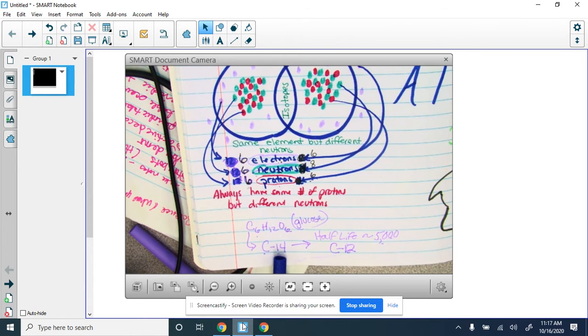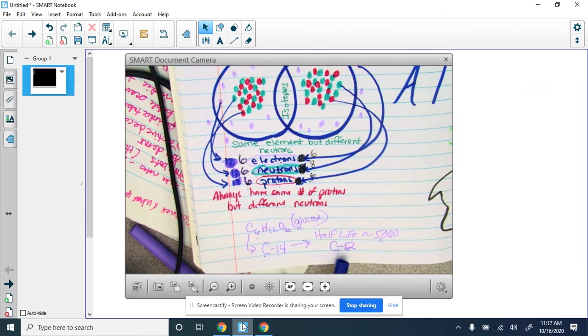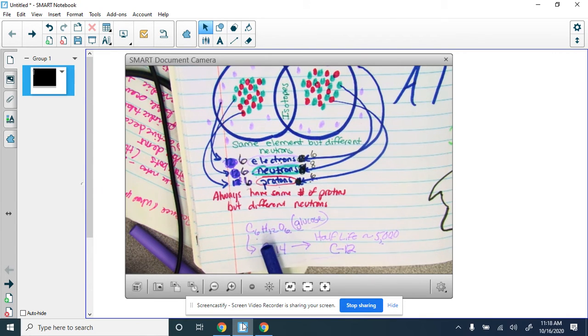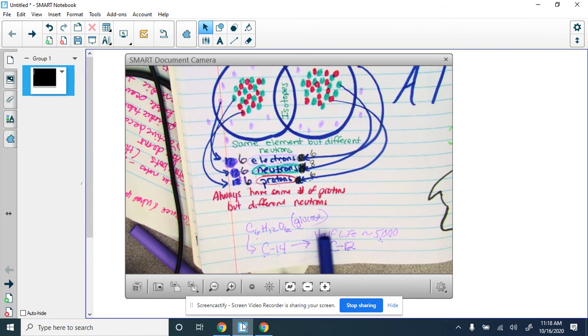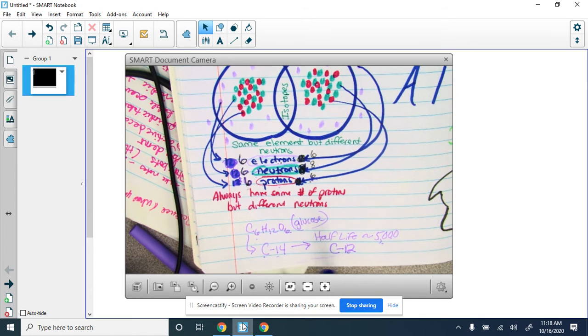It wants to break down. It wants to be C12. That's where it's happy. So about every 5,000 years, this is where half-life comes in, which is why you did the half-life after this, half of the C14 breaks down into C12.